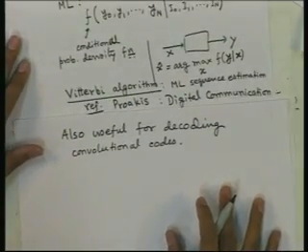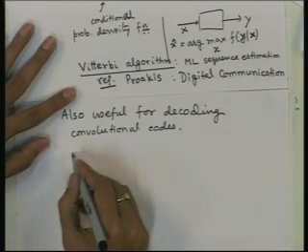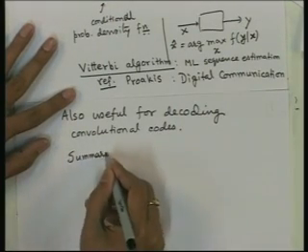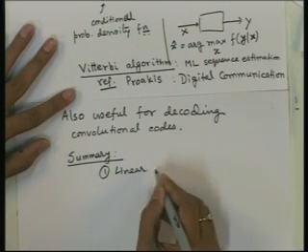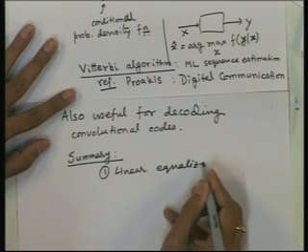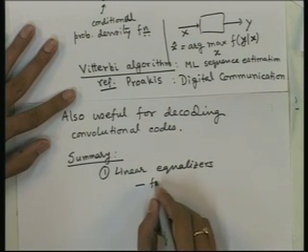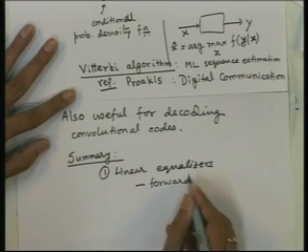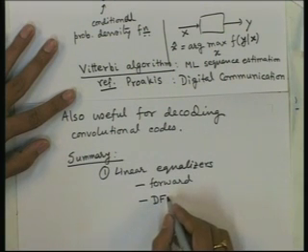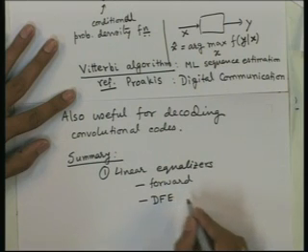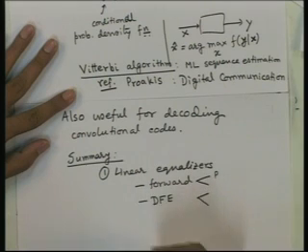So, we have discussed in this class equalizers, linear equalizers. We considered feed forward equalizers and decision feedback equalizers, commonly abbreviated as DFE, and in each case we considered two criteria for designing the equalizers.